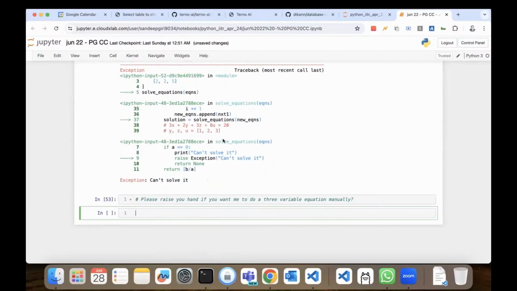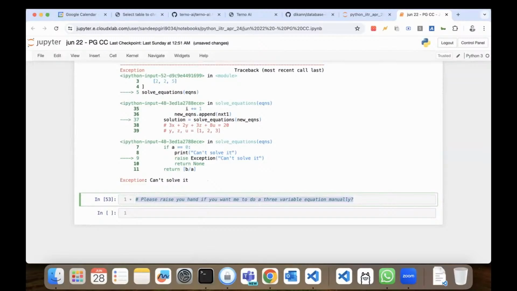Okay, 9 people want me to do it. So let's just solve it manually, and probably you'll start to get the feel of it, and then we will do it using the code. Does it make sense to everyone?